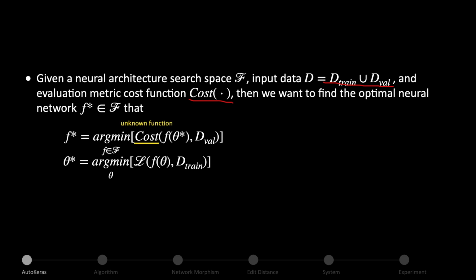So the cost is in fact the unknown objective function we mentioned in Bayesian optimization, and the F here is the input value, or x, we mentioned before. The theta star here is the weight that minimizes the loss on the training data.